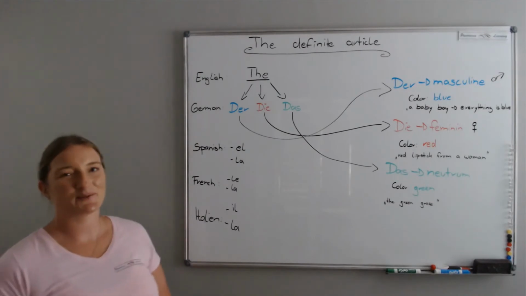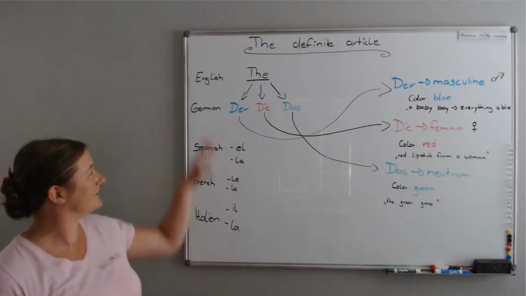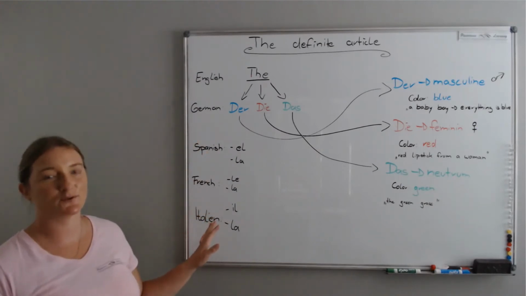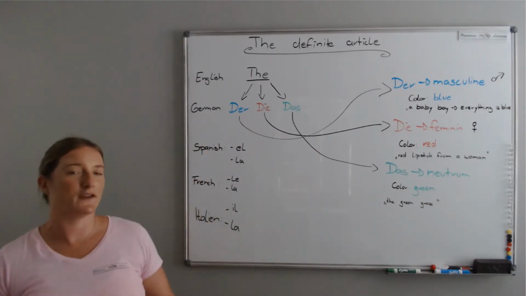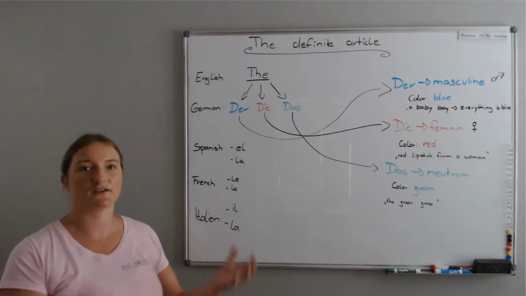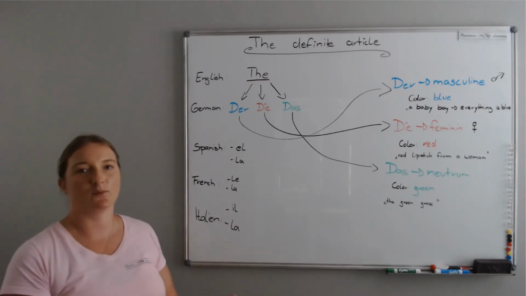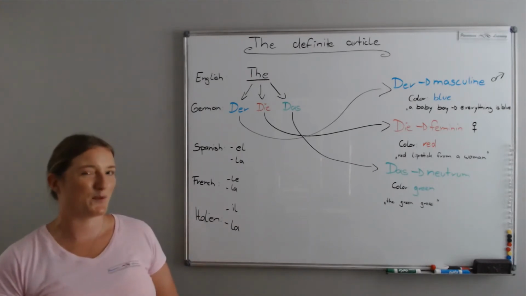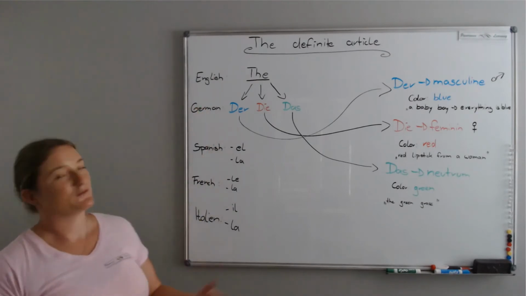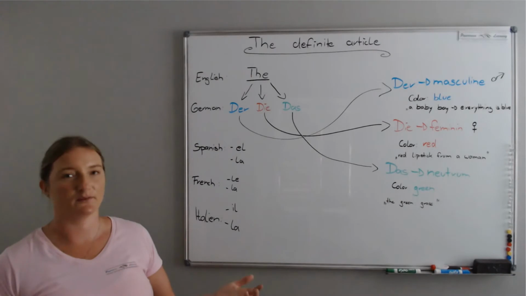Okay, let's start with the definite articles in language. As you can see, I have made an overview for you, different languages with their definite article to compare the language, so you can understand why we use the definite articles in the way we use them in German. Let's start with English. Very easy, you have one definite article, the.